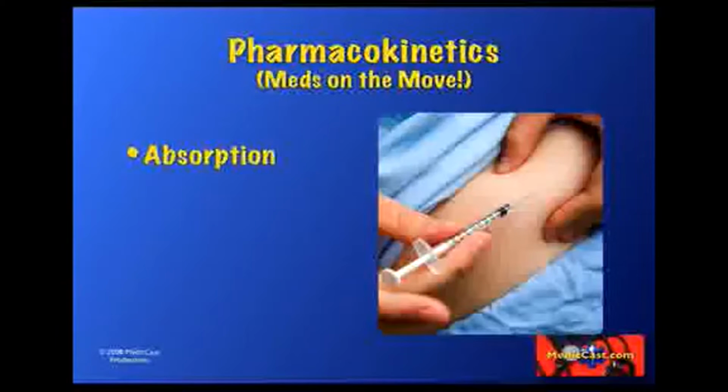So we talk about absorption. Different tissue types that the medication is introduced through are going to have an effect on how fast the medication is absorbed. These are concepts like how dense is the tissue, how much fat tissue is there, how much vascularity is associated with that tissue. For instance, intramuscular injections are absorbed more rapidly than subcutaneous injections.